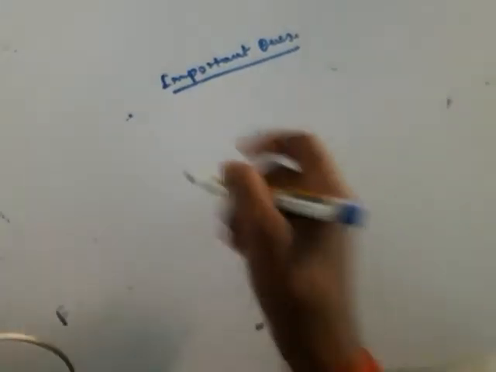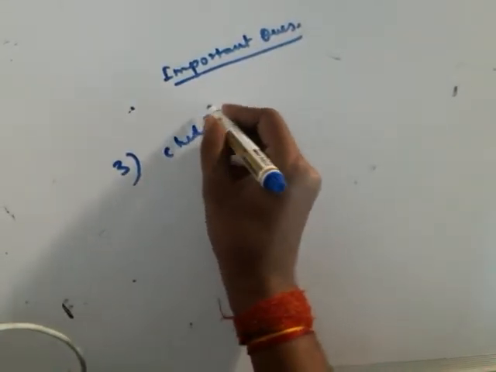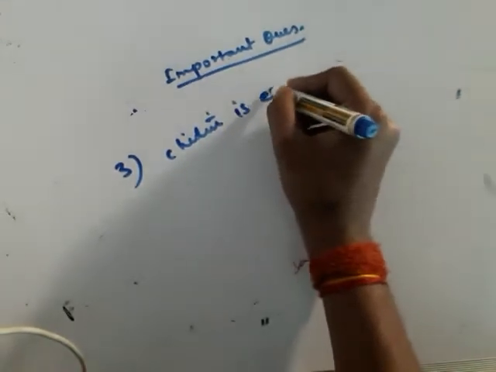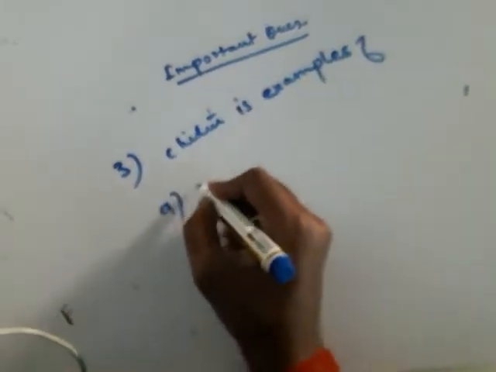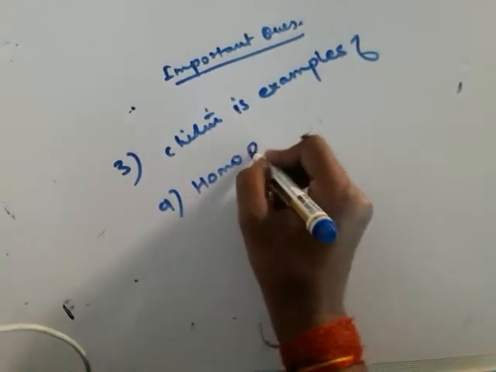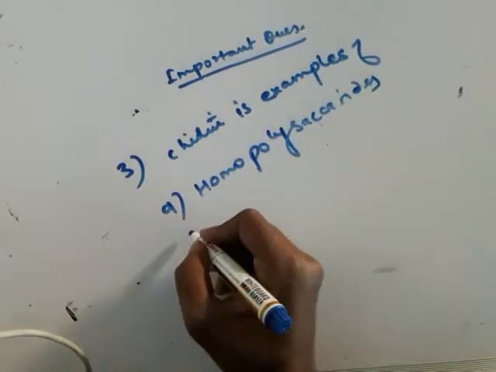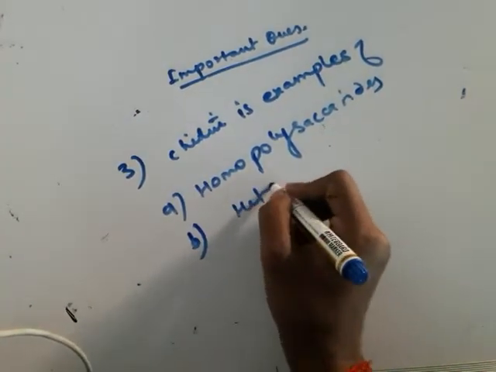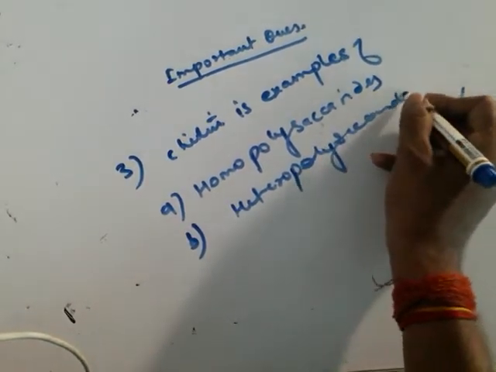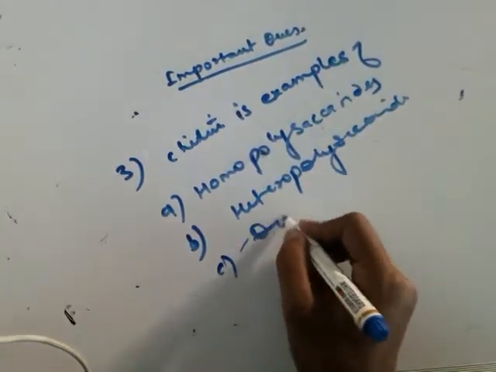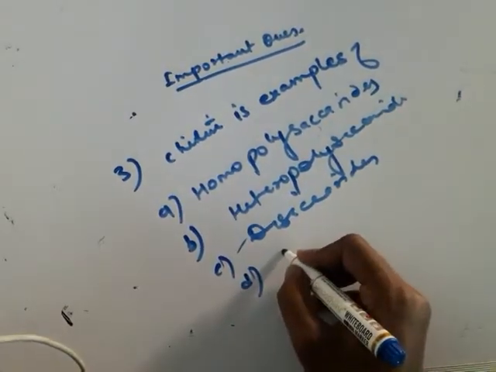The third question is: chitin is an example of A, homopolysaccharide; B, heteropolysaccharide; C, disaccharide; D, none.